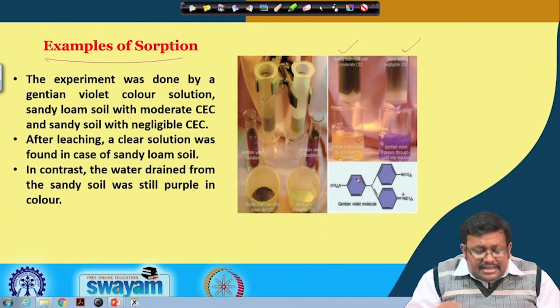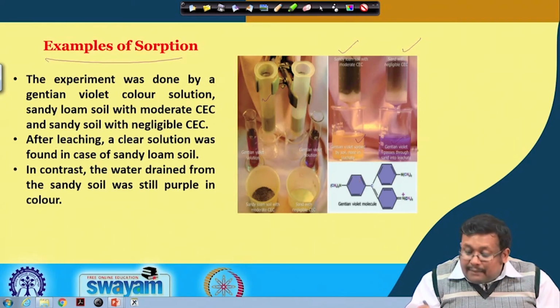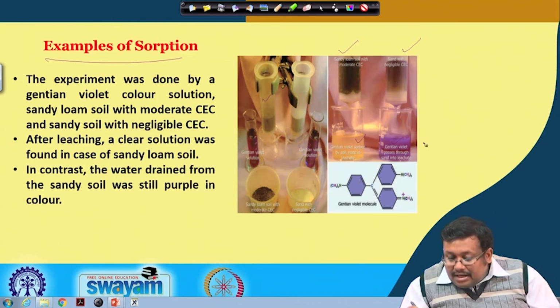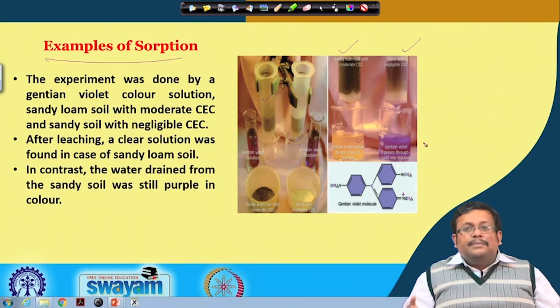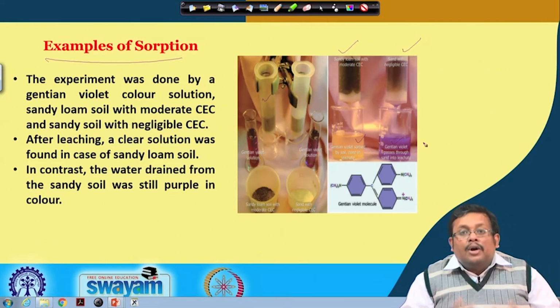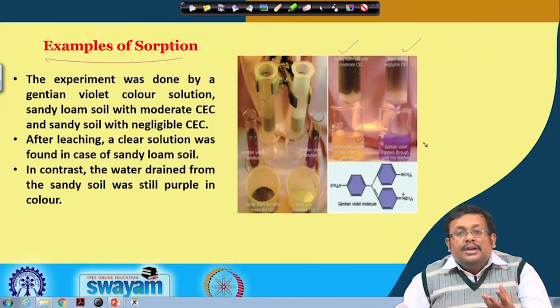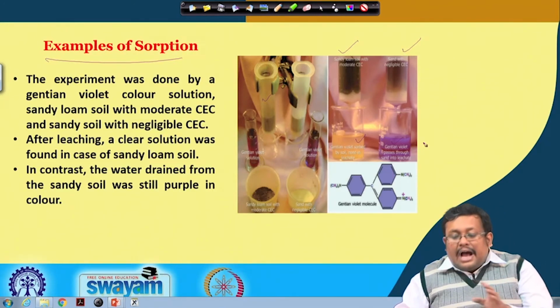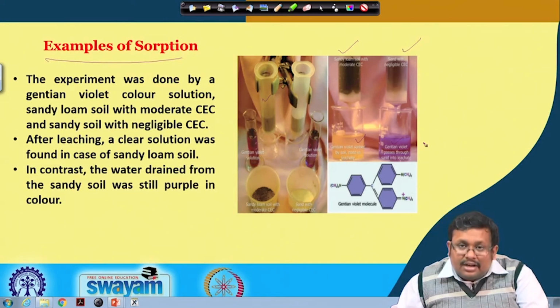After leaching, we see a clear solution in the case of sandy loam soil, and in contrast, water drained from the sandy soil was still purple in color, in the case of sandy soil with the lower CEC. That means higher or moderate CEC, because in the sandy loam soil there was some amount of silt or organic matter. However, in sandy soil there is a low amount of organic matter.